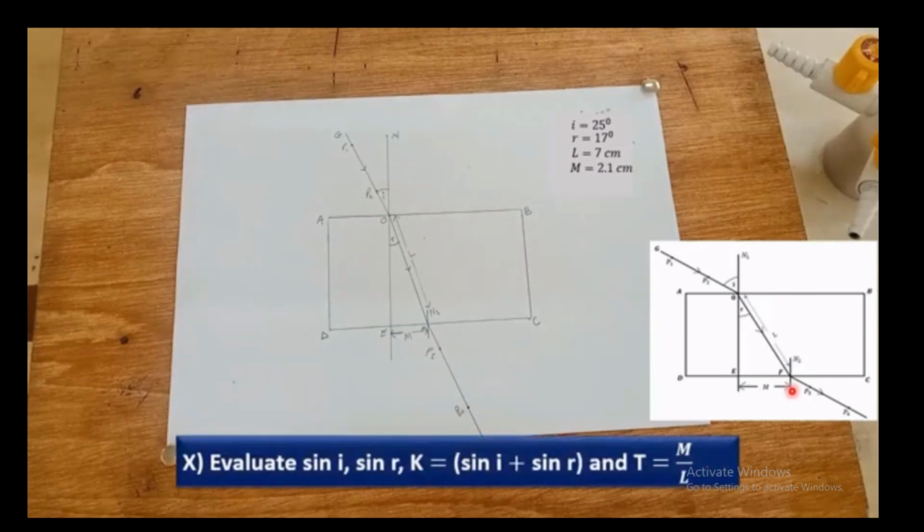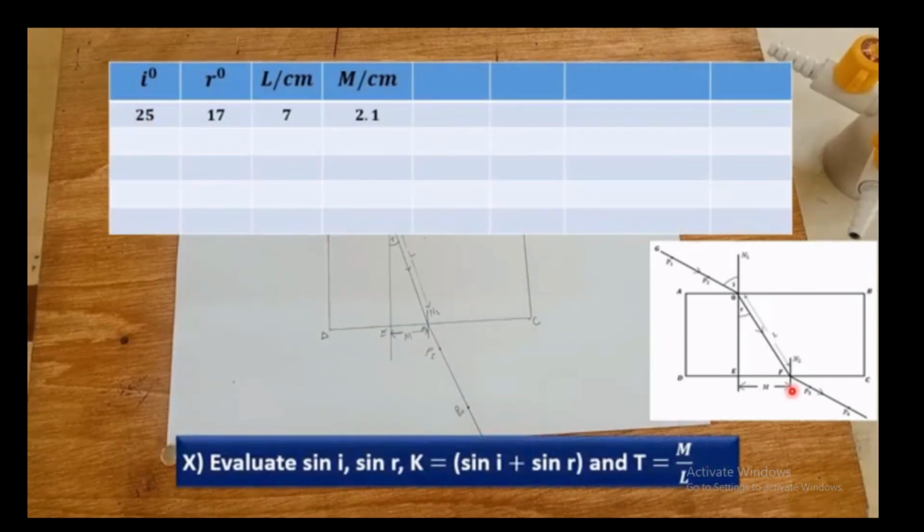So we are going to evaluate the value of sine I, sine R, whereas K equal to sine I plus sine R, and the value of our T equal to M over L. So this is our R degree. Then L, our length will be in centimeter. Then our M will be in centimeter, which is 2.1.